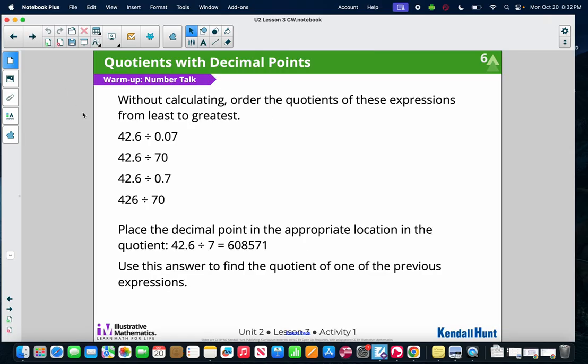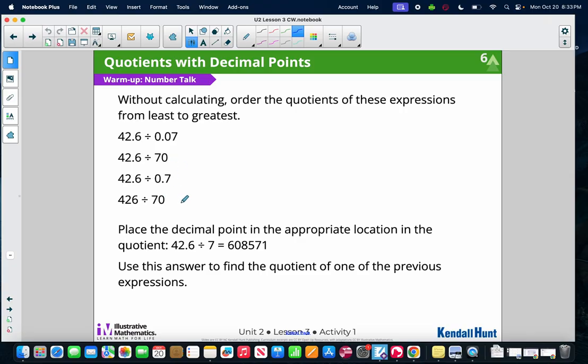We started with a quick warm-up thinking about dividing. It says, without calculating, order the quotients of these expressions from least to greatest. And if we notice, all but the last one starts with 42 and 6/10. And the last one is 426 divided by 70.